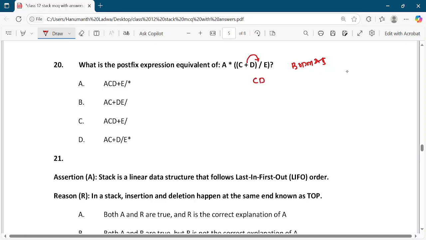First we write CD, then plus, and after that we have the expression enclosed within the outer bracket. So this operator division will move on to the right hand side. So here we get E, and after that division. After that we can check out A and the asterisk symbol. This asterisk symbol will be moved onto the rightmost side, and this operand A is written as it is. You can observe that we have option ACD plus E divided by and asterisk symbol. So here option A is the right answer.